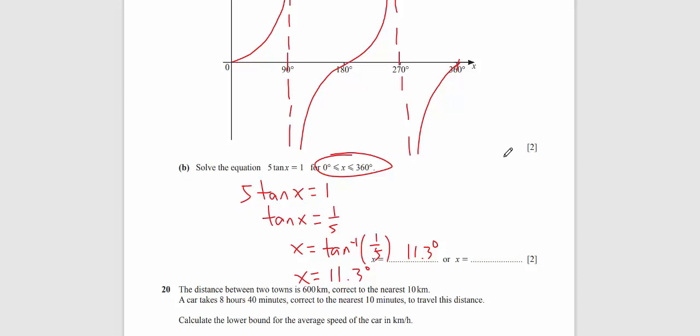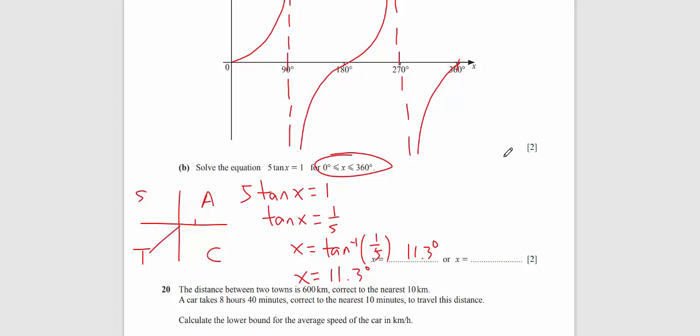We know that when tan is positive, in the first quadrant all of them are positive, that's why I call it A. The second quadrant is only sine positive. The third quadrant is only tan positive. And the fourth quadrant is only cos positive. So we know there is another angle for tan that's positive, in the third quadrant, because we want the range of x from 0 to 360.